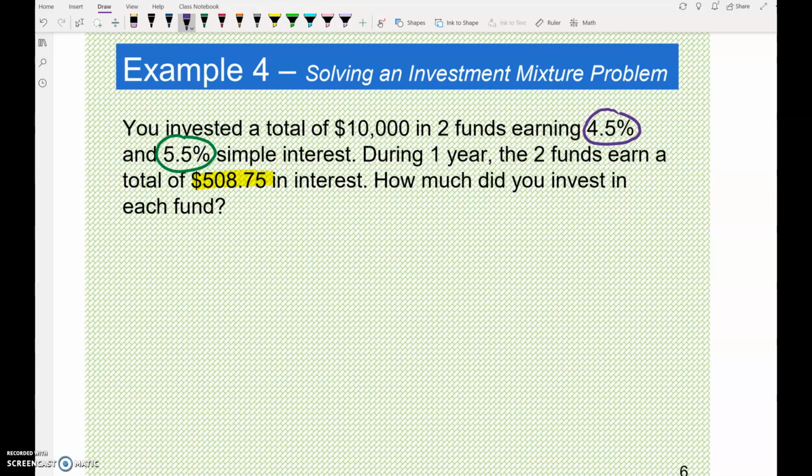We're basically going to use I equals PRT. So this is really using that interest equals principal times rate times time, but we're going to have to do that with 2 separate funds. So we've got Fund 1, Fund 2, and then our total.